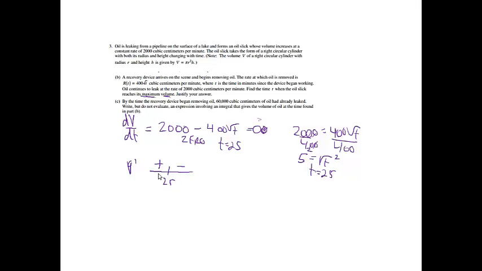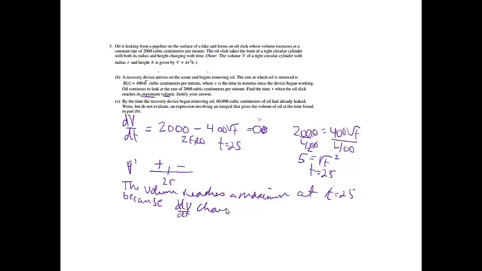So for sure it reaches a maximum, and I should not just draw my chart, I should say the volume reaches a maximum at t equals 25, and that will be because V prime, dV/dt, changes from positive to negative. All right, that problem will be worth 3 points.